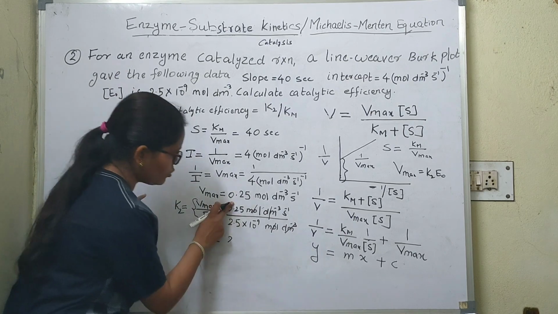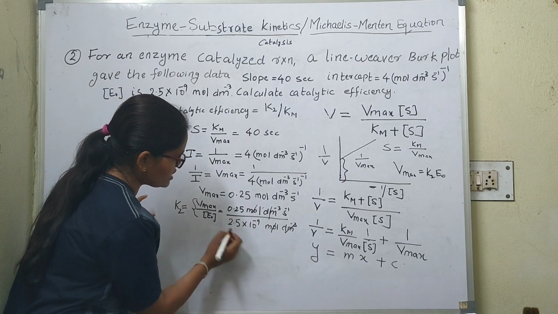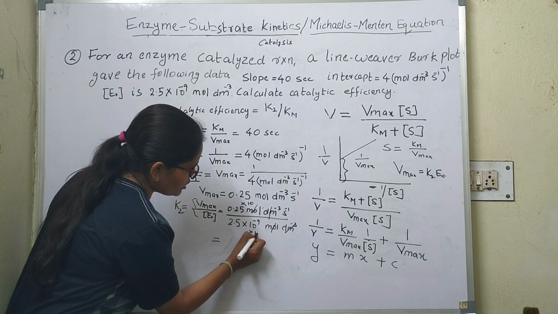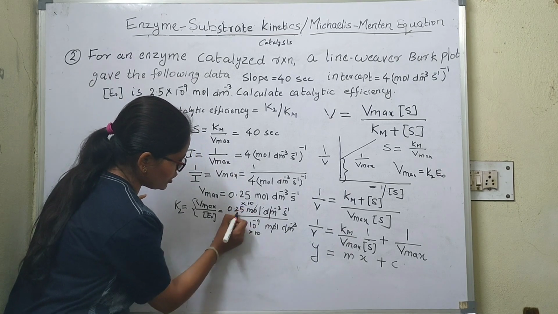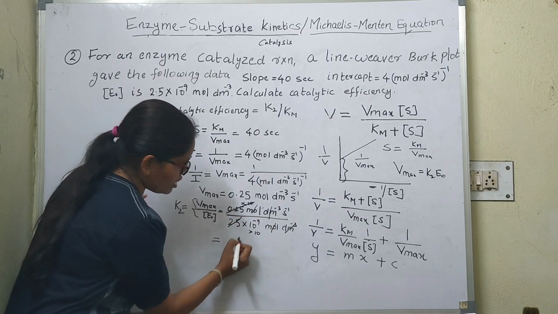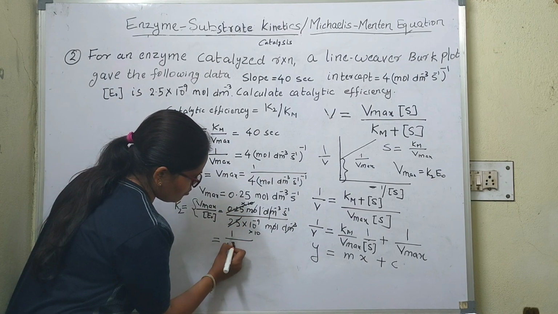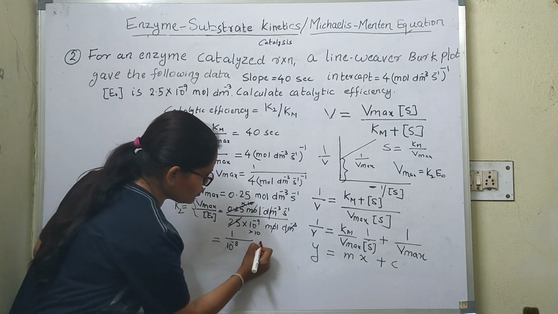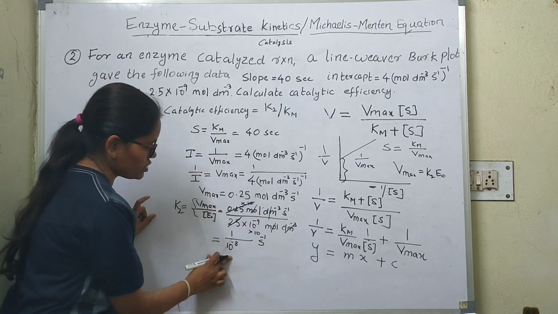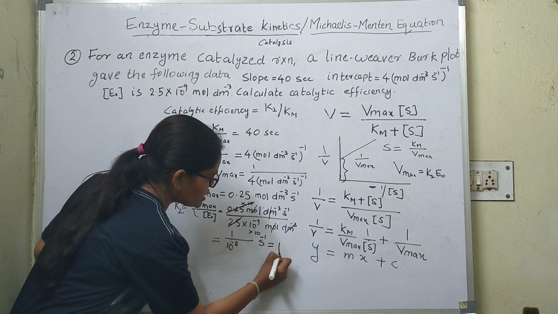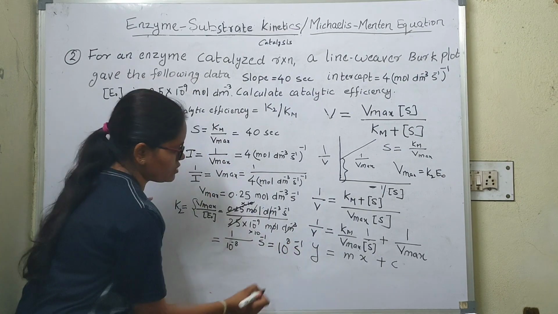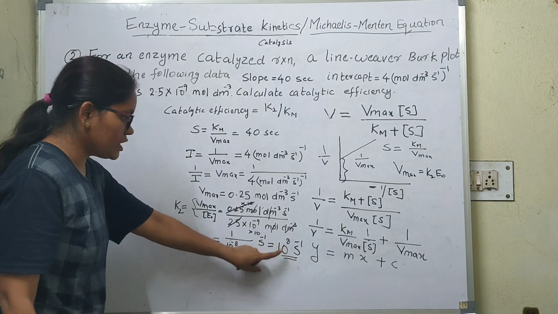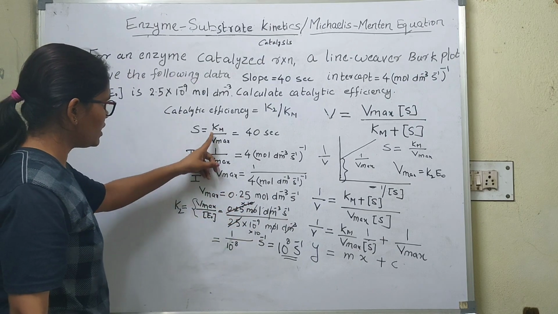So here I'll get 2.5 by 2.5, so that gets cancelled. 10 into 10 power minus 9 is 10 power minus 8 in the denominator. So you will have the unit of second inverse. When this 10 power minus 8 goes up, it becomes 10 power 8 second inverse. So the value of K2 is 10 power 8 second inverse, and value of Km is not yet found.